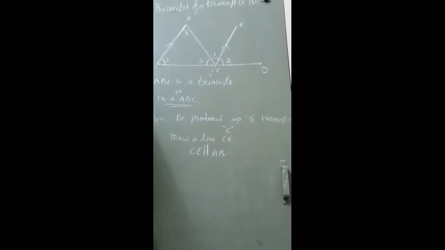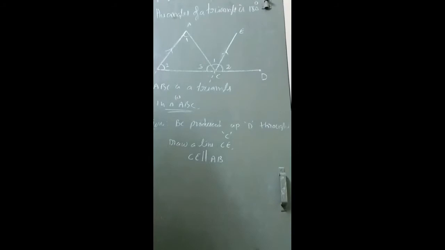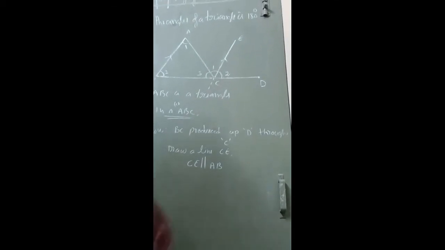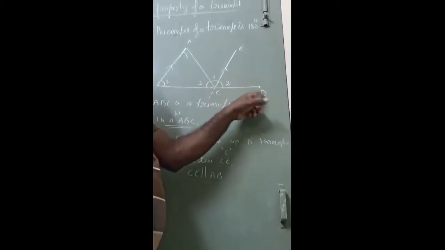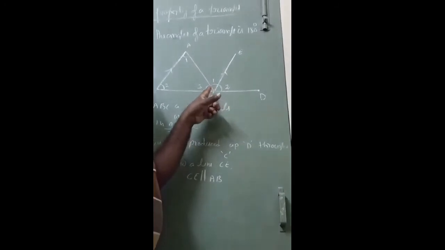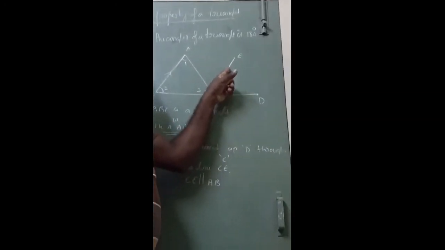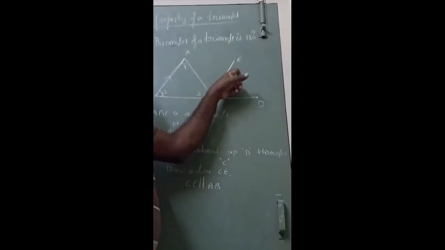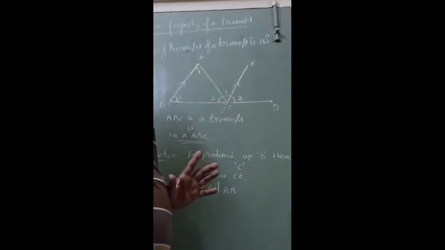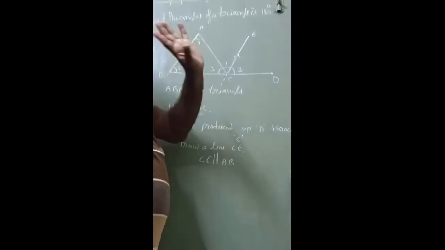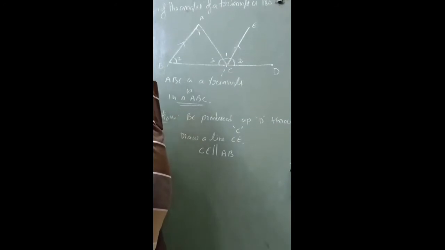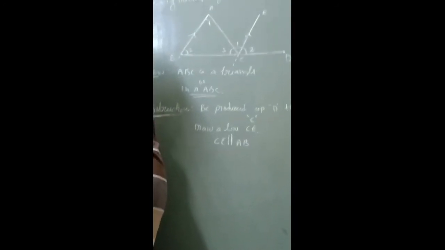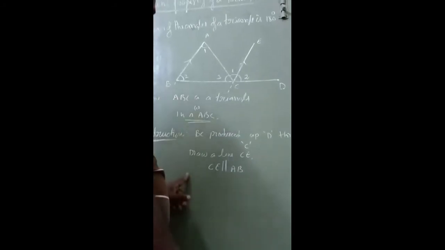Here, BC is produced up to D through C, and we draw the line CE, which is parallel to AB. Next one, RTP.